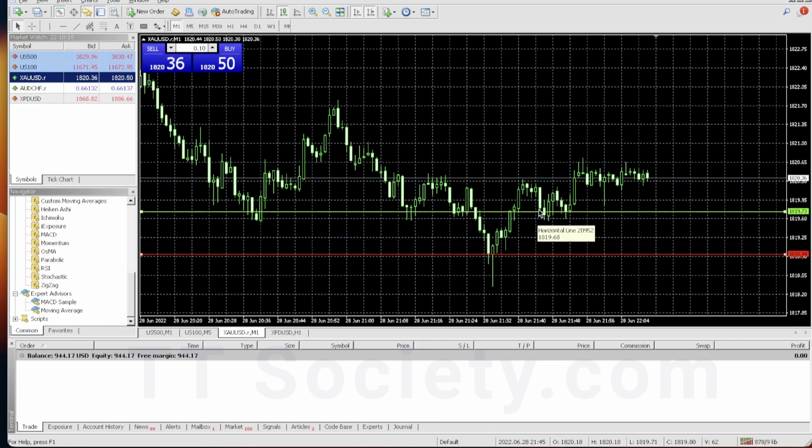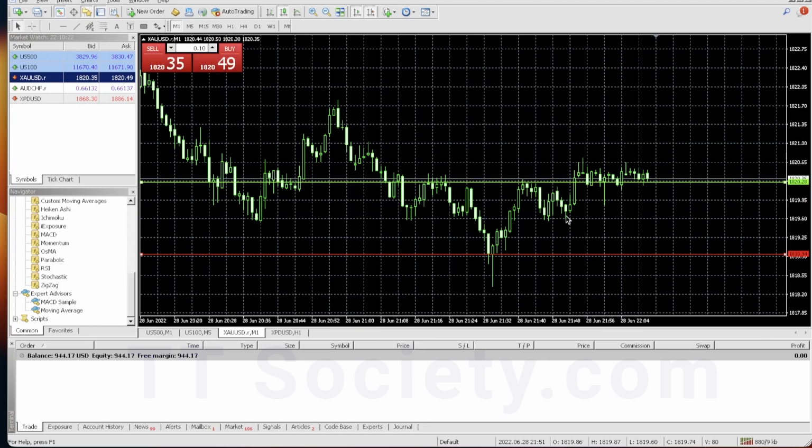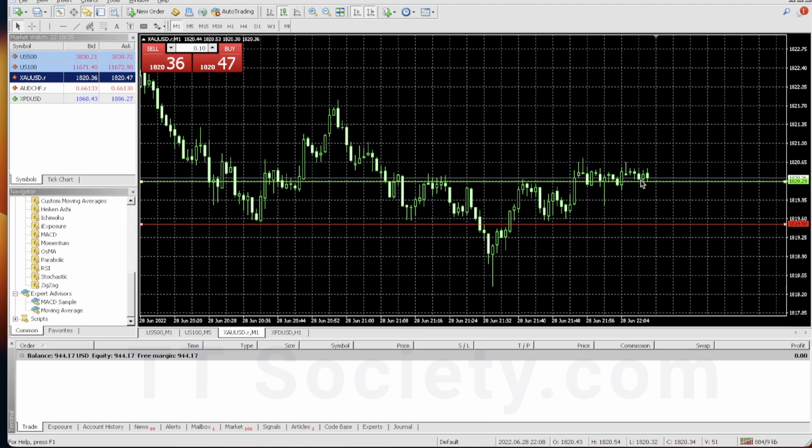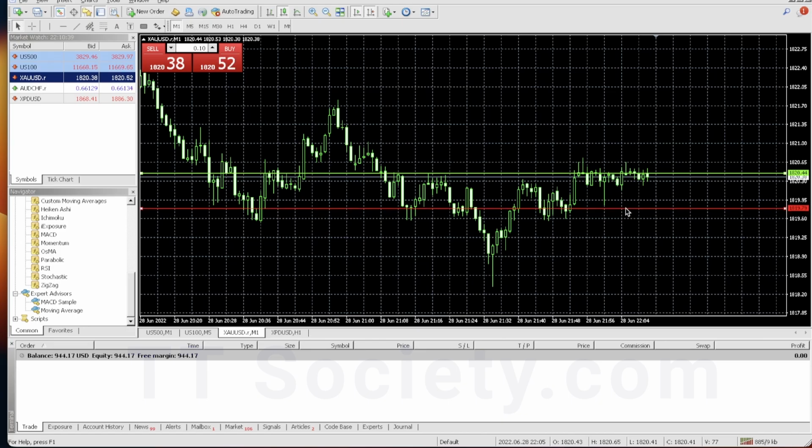If the price is moving up even higher, like here, we now are able to move our stop below these wicks, which are forming some kind of support. Now that price is moving up even further, like so, we can now move our stop below this candle's wick.